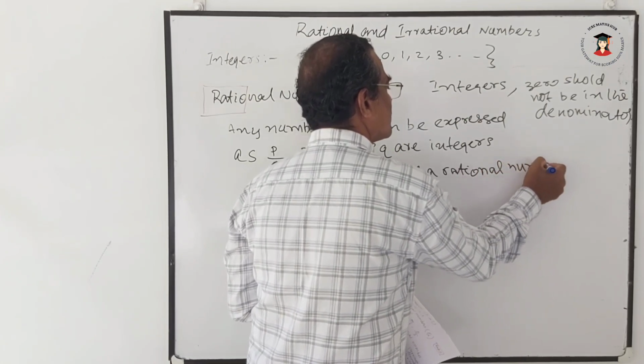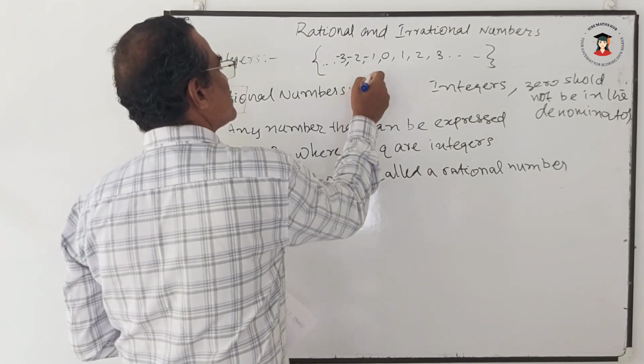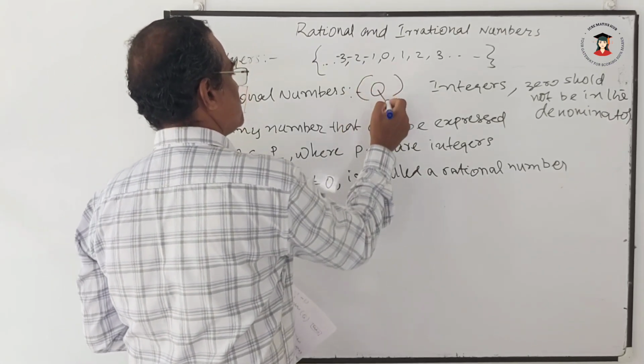And a rational number is always represented by the letter capital Q.